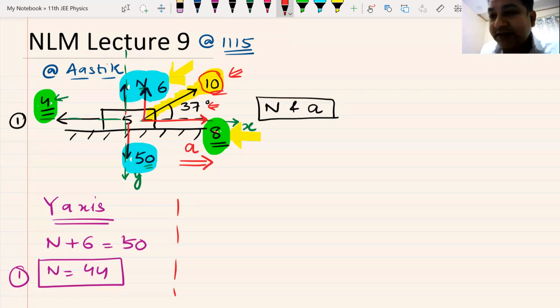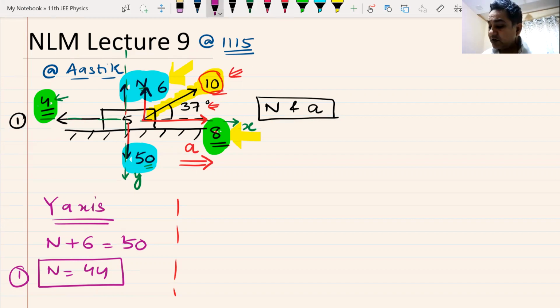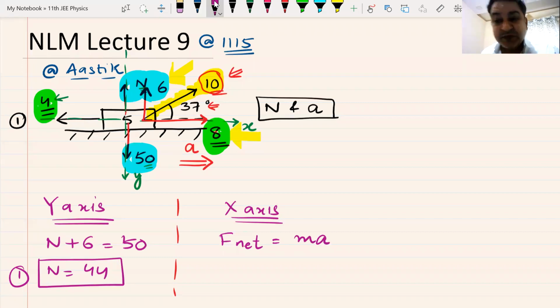Let me call the acceleration as a. Now I write the equation along x-axis. I have to write it in this form: F net force is equal to mass into acceleration. When I talk about net force, 6 Newton is on this side. If I call it positive, 4 will be negative. So 6 minus 4 will be equal to mass, which is 5, into acceleration a.